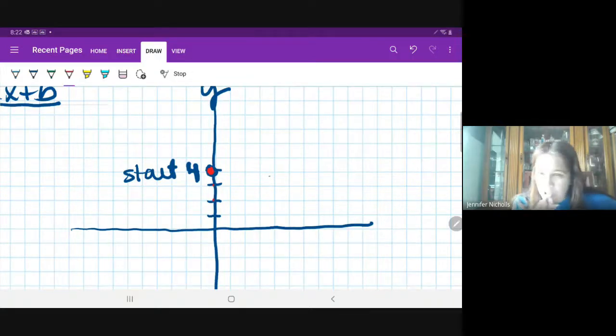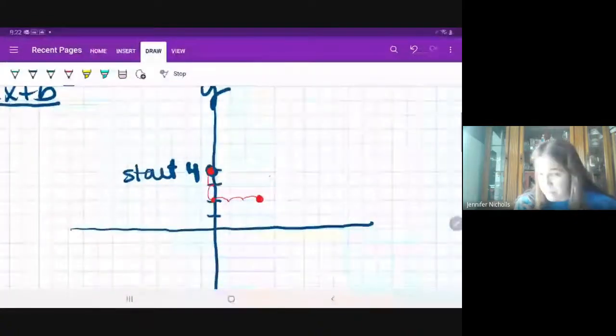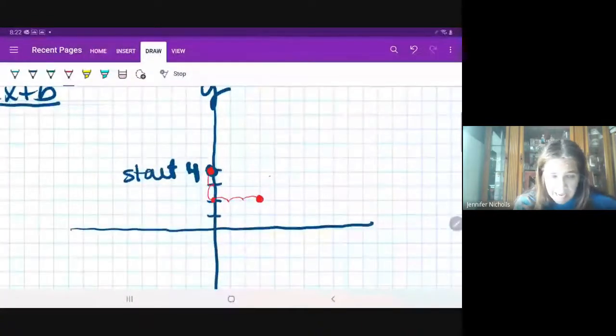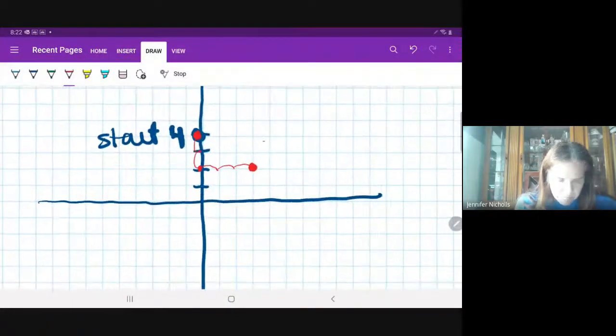Was it down 2? Let me see what Franz wrote, because I can't see the work anymore. Yeah, down 2, right 3, right? So go down 2 squares. So 1, 2 squares. And then go right 3 squares. And then put a dot. And you don't have to draw the loops if you don't want. You can just count. But I'm hoping that maybe that can help you because you can't see my graph paper perfectly.